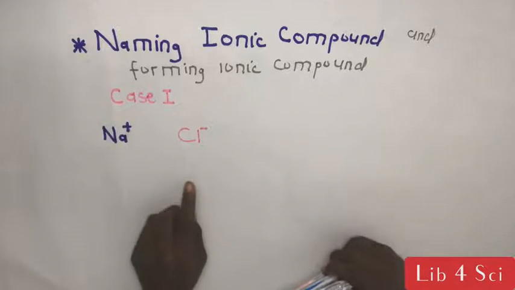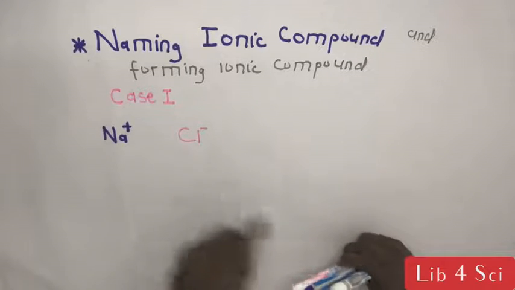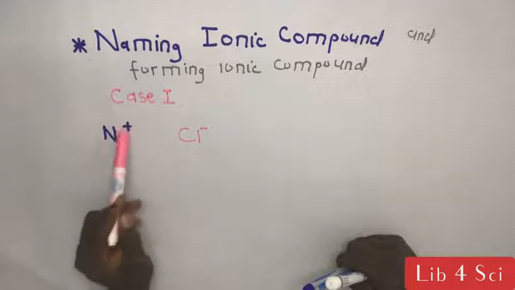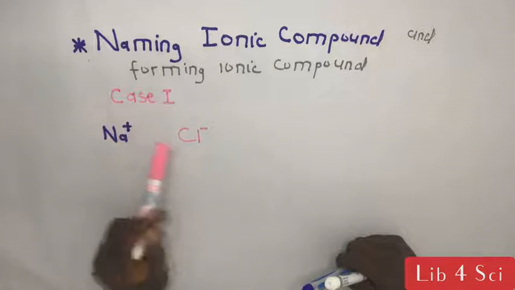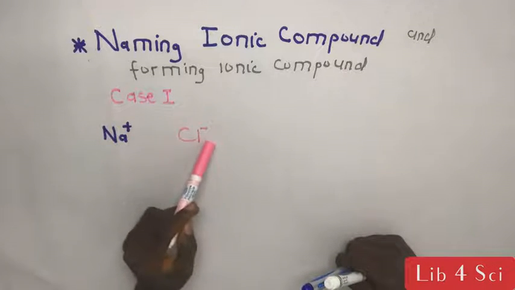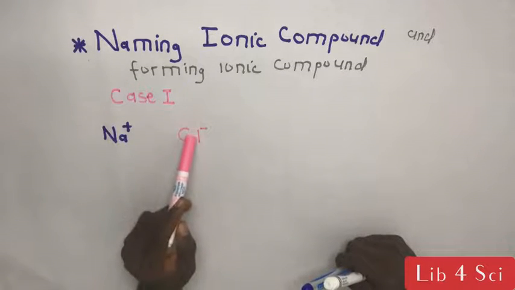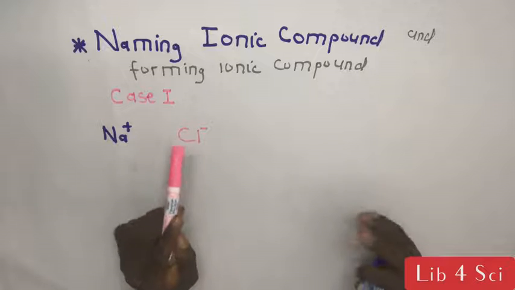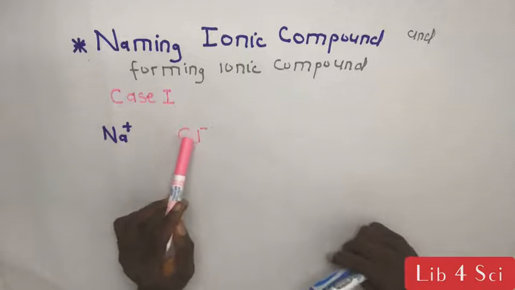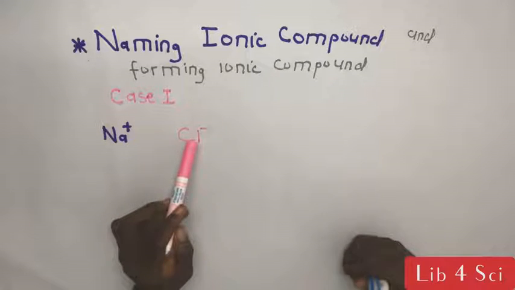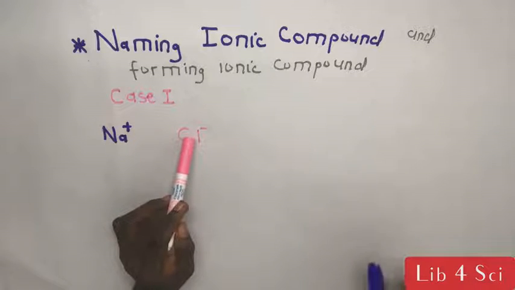The first thing we want to do here is see that this is case 1, because this is a metal and it has a fixed oxidation number. This is a non-metal and it is comprised of one element, one atom. That's why we classify it as case 1. Please follow our other videos to get the remaining cases; we have up to 4 cases.